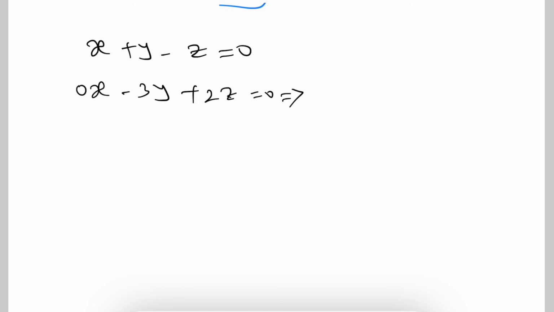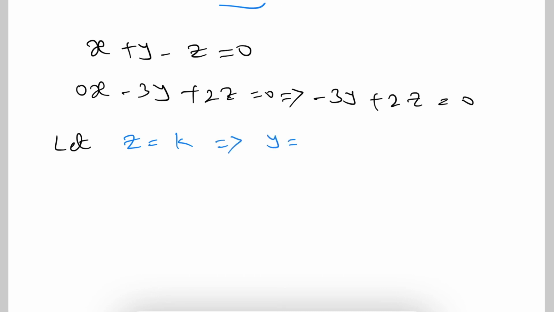So minus 3y plus 2z is equal to 0. So the first equation and the second equation we have both. Now what I will take is, let constant z be equal to some constant k. Then what will be the y value? 2k by 3. Then the x value should be k by 3. So x is k by 3, y is 2k by 3 and z is equal to k for any real number k.